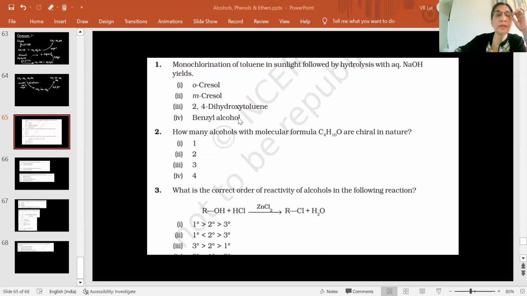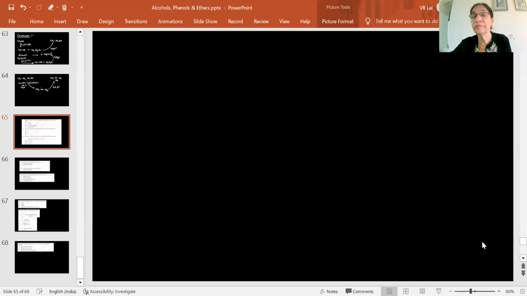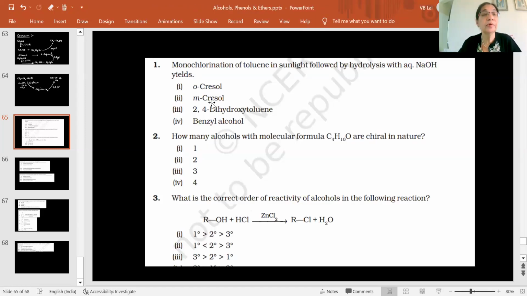Okay, so for revision, we will start with a few questions. Now let us see who will answer the first question. Monochlorination of toluene, followed by... we have done this question once earlier.